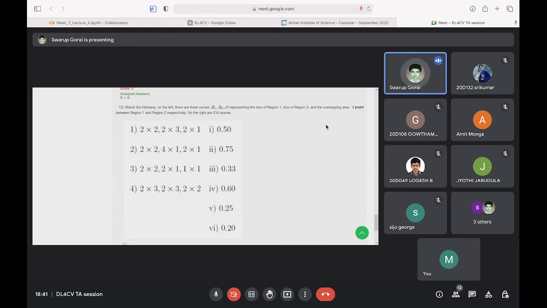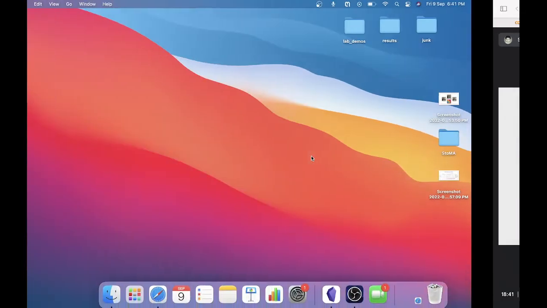What is IoU? It will help clear the concept a little. What is IoU? It's called intersection over union. Wait, it's easily explained visually.